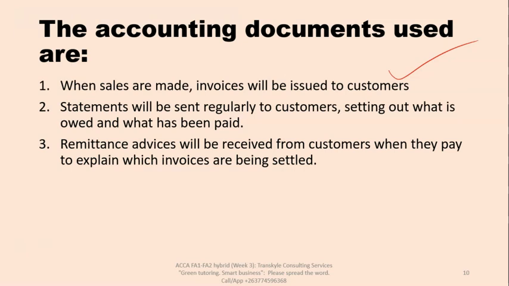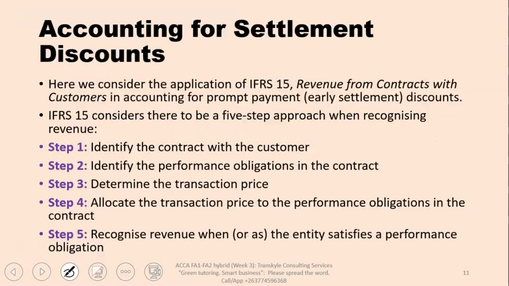Then those customers may issue remittance advices, okay, showing which invoices were being settled. Whenever they want to pay, they also send remittance advices to inform us which invoices they are paying. All right, so that's it for now.